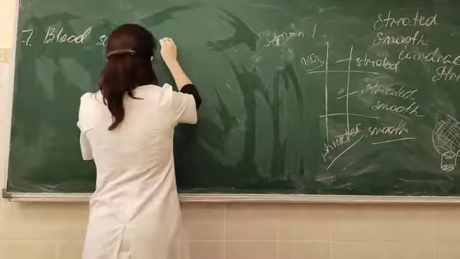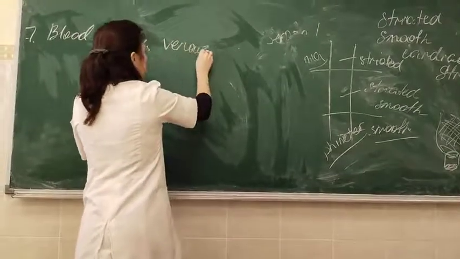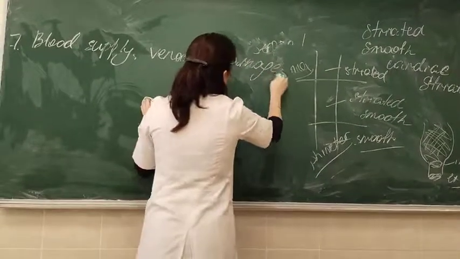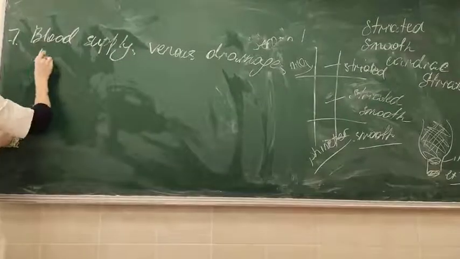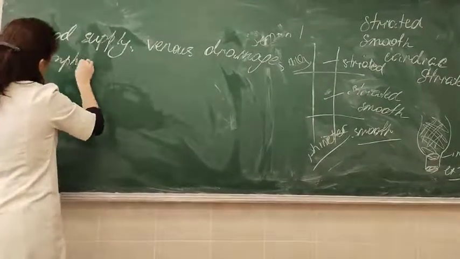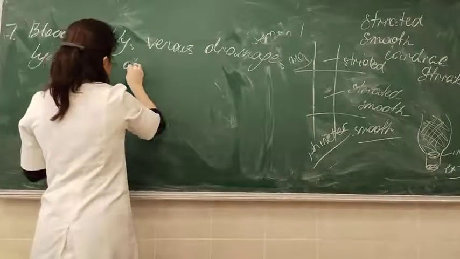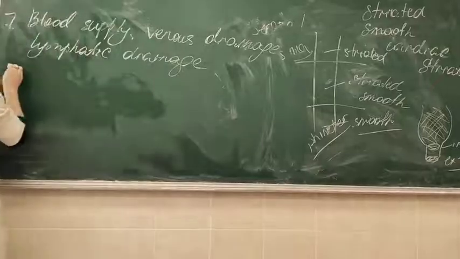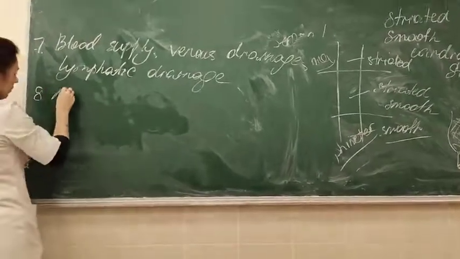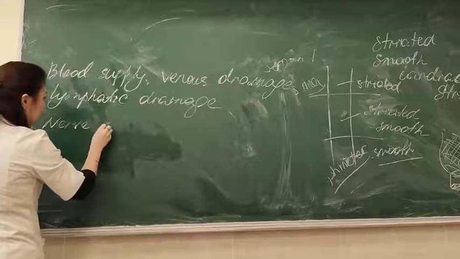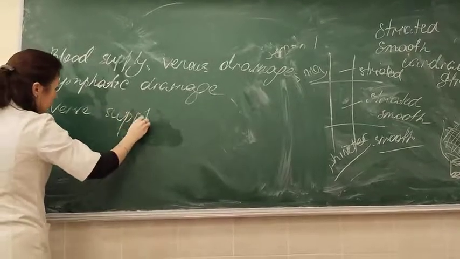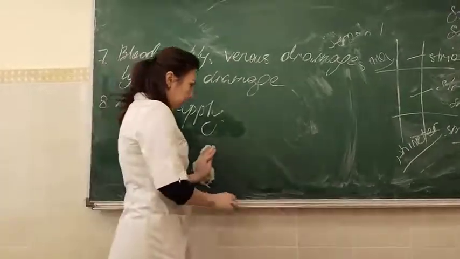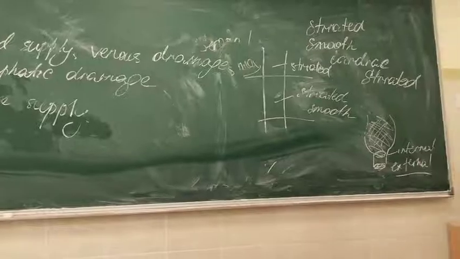Then you should also describe venous drainage, and in some cases, even lymphatic drainage. And the eighth point will be nerve supply of the organ. So at the final exam, you should give such an answer, including blood and nerve supply. That is it. Okay. Any questions up to here?